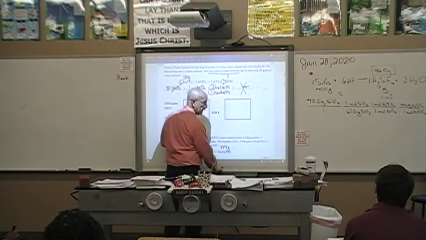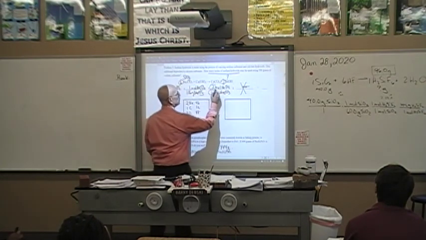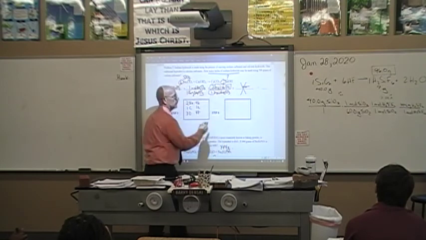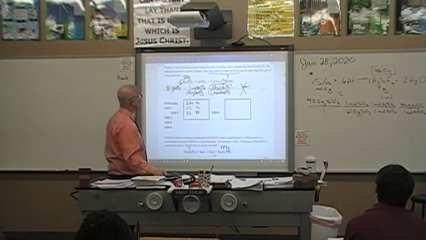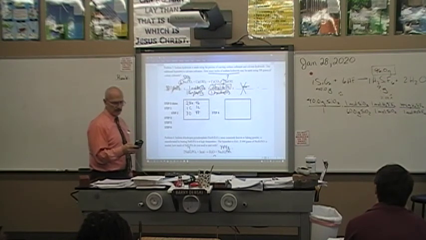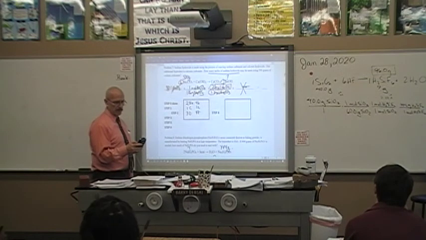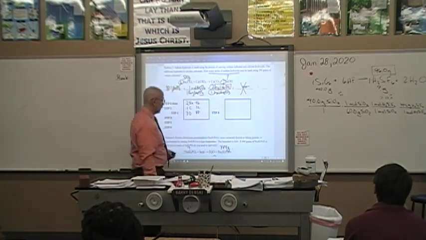The answer will be in moles, not in grams. Okay, because I'm done. Here's my moles. Moles of NaOH. So this one, again, 500 times 2, which is 1,000 divided by 106, going to be 9 point something. 9.4.